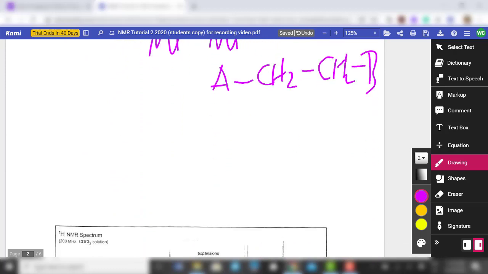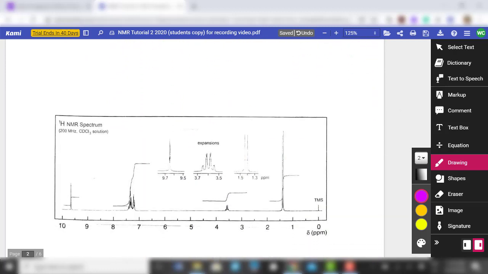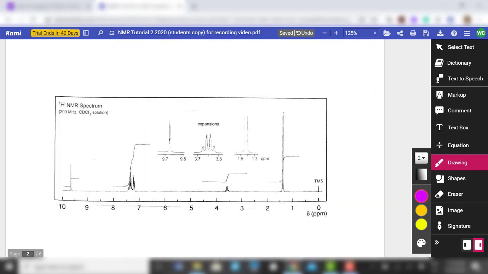The interesting thing here is that if you look at the actual 1H NMR, you're not actually going to get a quintet. Earlier on we said that this is a quintet, but if you look at the actual NMR and expand it a little, you realize that this looks like a weird-looking quartet. But if you look at each individual peak of the quartet, it seems to be split into a doublet.